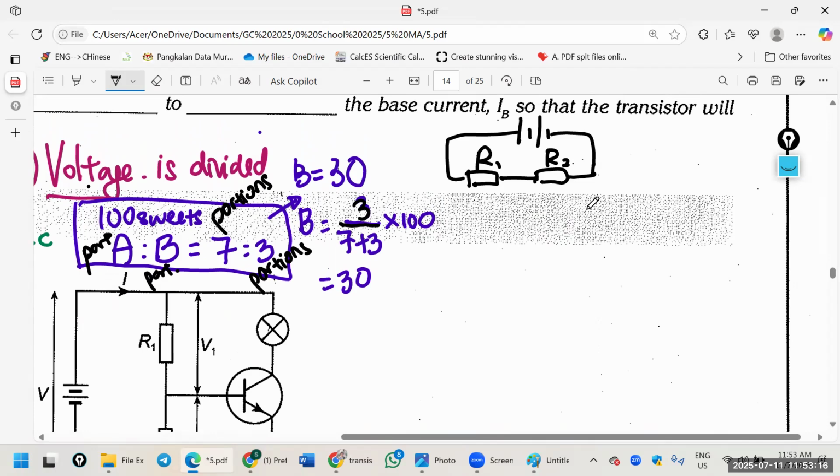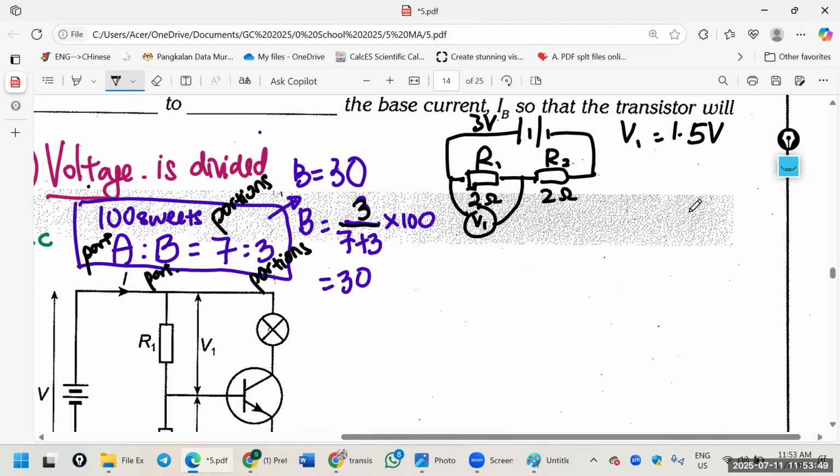Okay, so now let's say R1 is 2 ohm, R2 is 2 ohm, then totally 3 volts. What will V1 be? V1 means the voltage across R1. So it will be 1.5 volts.